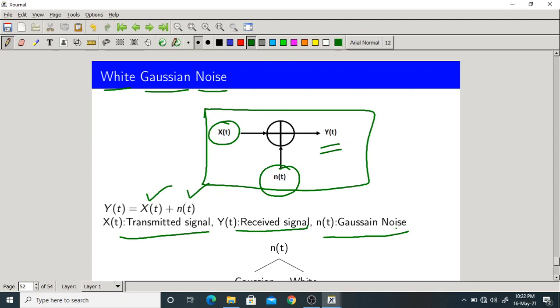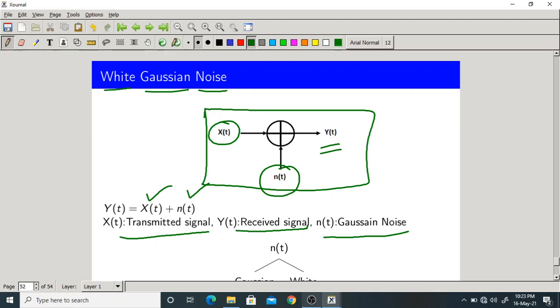You might have experienced these things. If you're talking on a mobile phone, sometimes you may receive some unwanted disturbance, that is called noise. You are talking to your friend, so that is your wanted signal, or original message signal, that is being added with noise. What you receive is a corrupted signal or some disturbance.